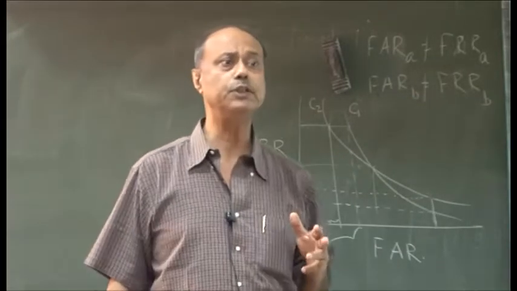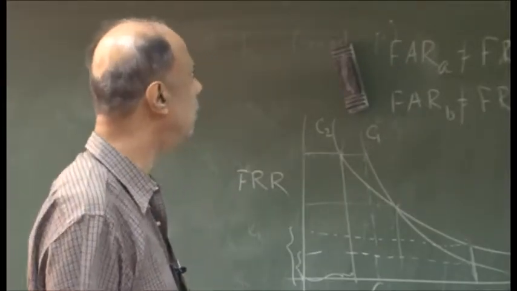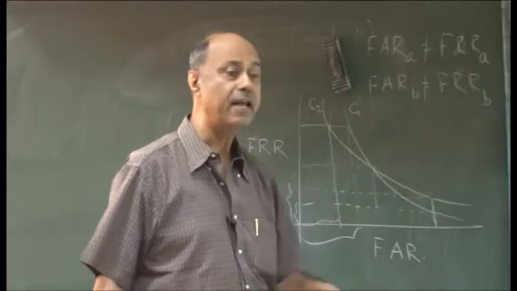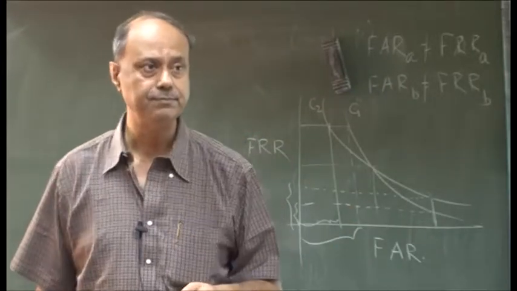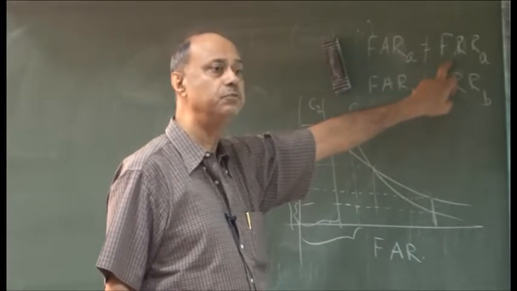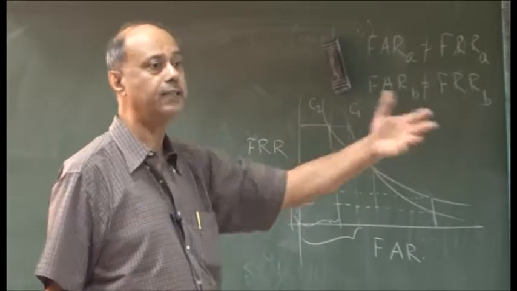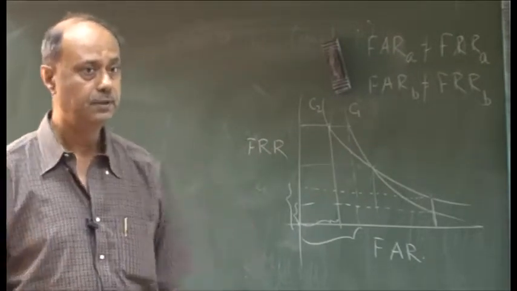So drawing a conclusion is not possible, or it is not correct. What we are telling now is, let us assume the condition where FAR and FRR are the same, right? So my FAR and FRR are fixed and the same, and yours are also the same. Now which one is smaller? That is the better algorithm, right?